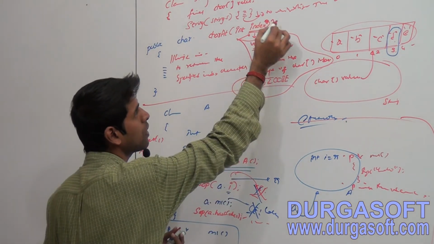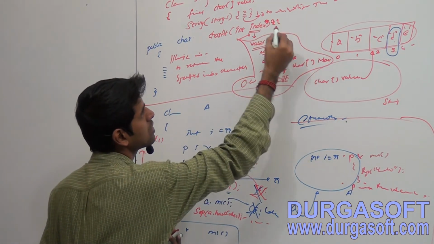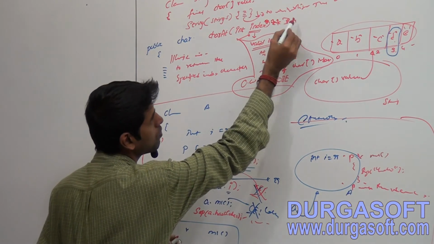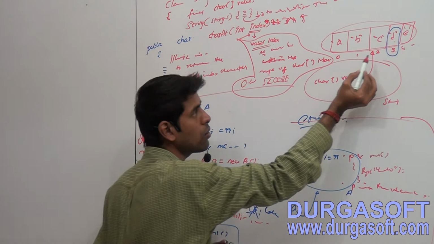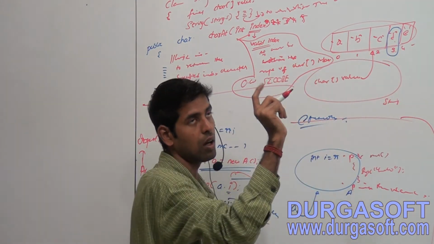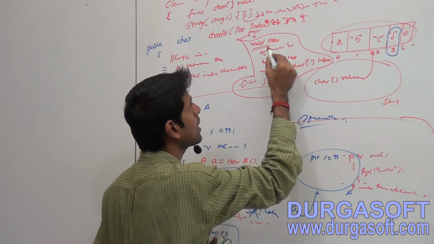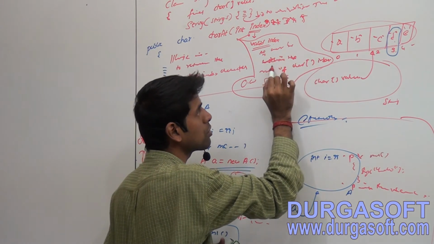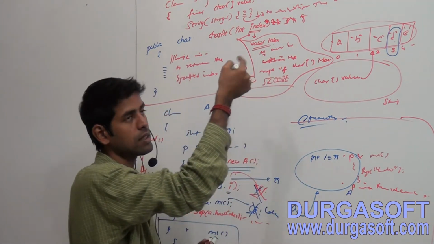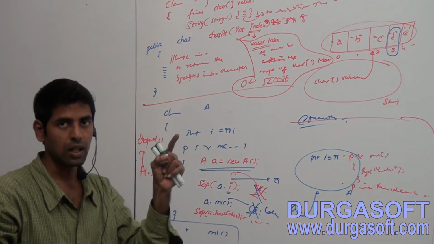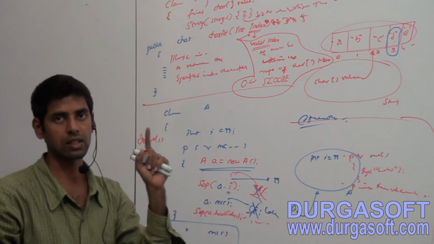If I put 1, B; if I put 2, C; if I put 3, D; if I put 4, E. And if I put 5, which character do we have at index 5? This is an invalid index. A valid index number must be within the range of the char array, otherwise we get a StringIndexOutOfBoundsException.